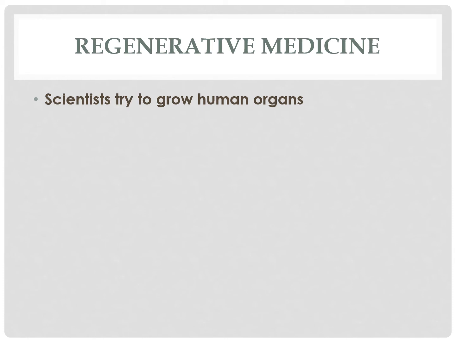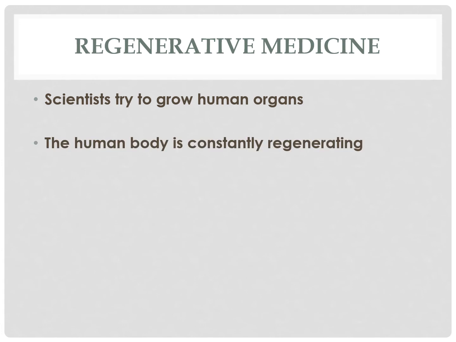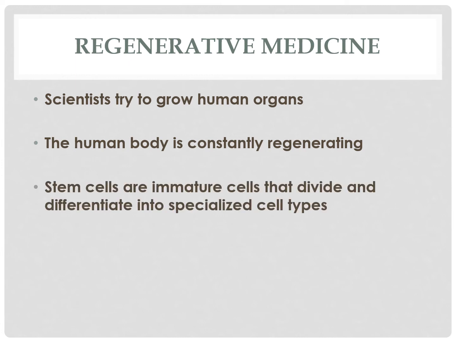So scientists have been trying to grow human organs, which is both easy and not easy, depending on which organs you're looking at. Again, organs are just two or more specialized tissue types. But the human body is constantly regenerating, though not all the time.